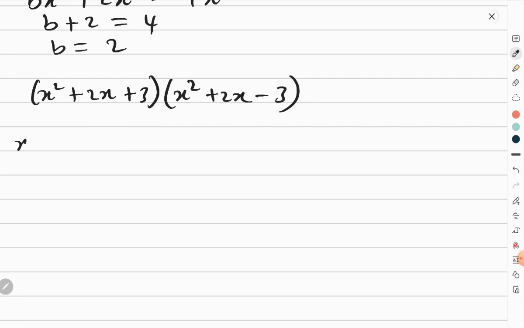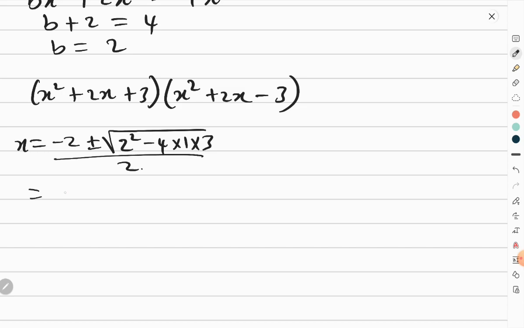Then x is equal to negative 2 plus or minus the square root of 2 squared minus 4ac, all divided by 2a. Then you have negative 2 plus or minus the square root of 4 minus 12, all divided by 2.